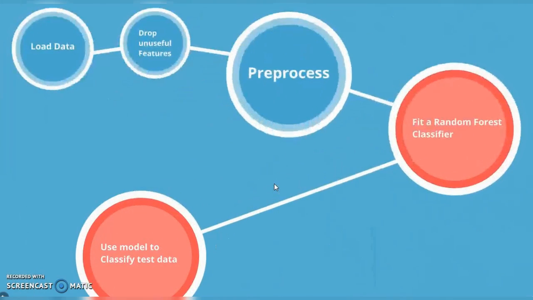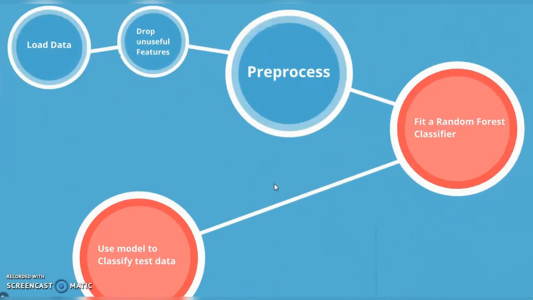Initially, we load the data and drop the unuseful feature columns, and then later, as we discussed in the exploratory analysis, we mapped the ICD-9 values of some of the features like diagnosis 1, 2, and 3 to their respective body systems.